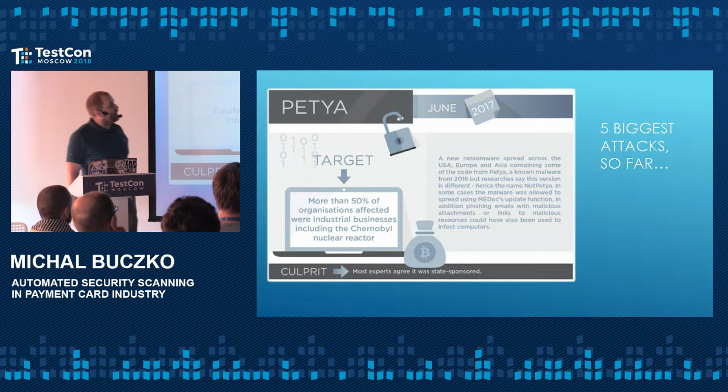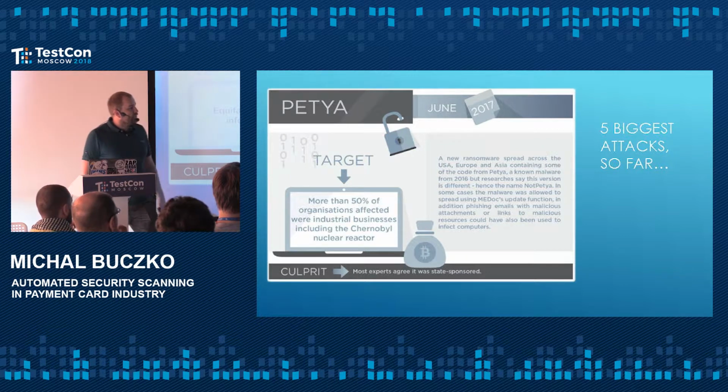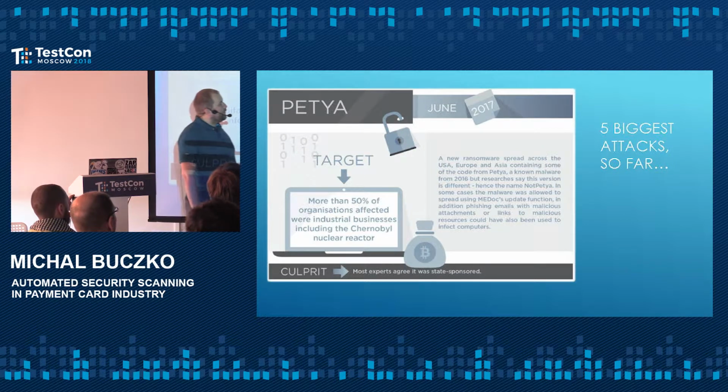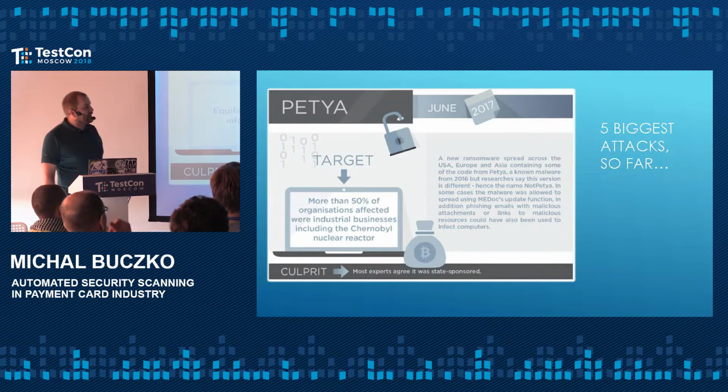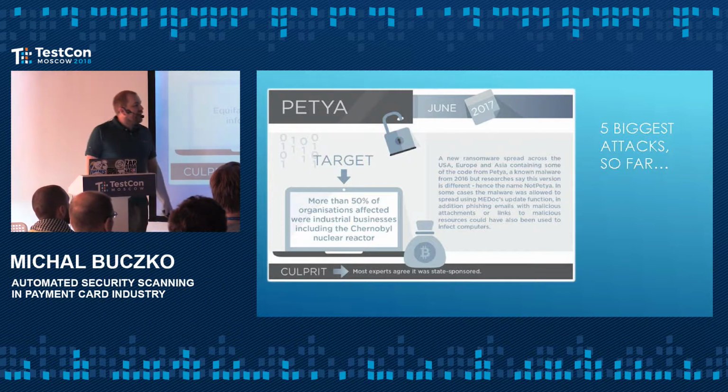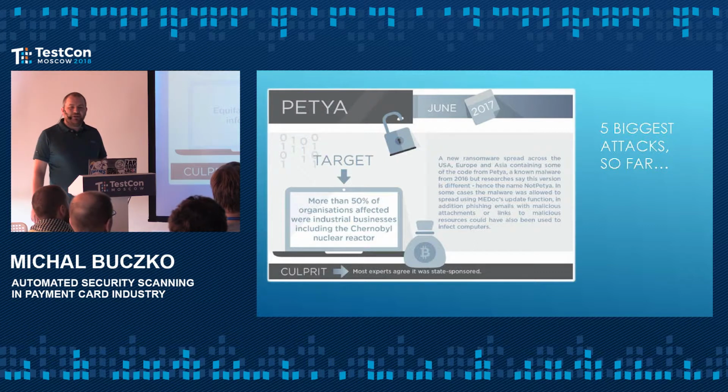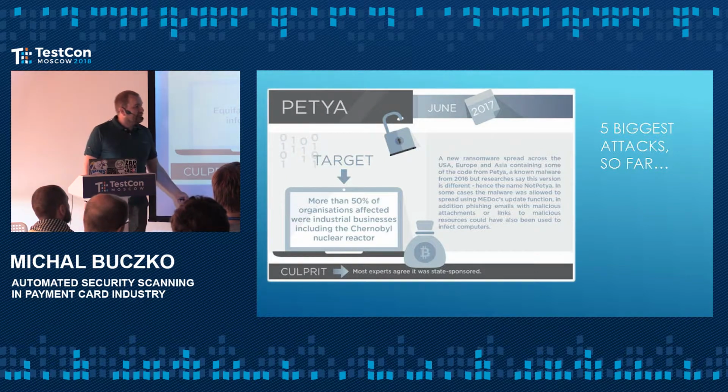Then there was Equifax. This was the problem that exposed 150 million records of US, British and Canadian citizens: social security numbers, dates of birth, addresses.